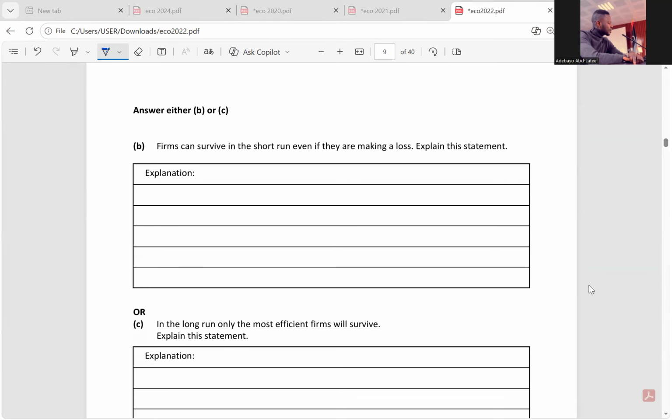It says firms can survive in the short run even if they are making a loss. Explain this statement.